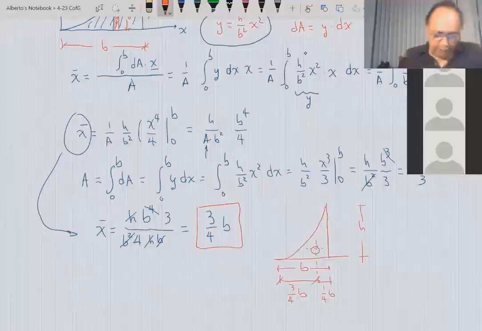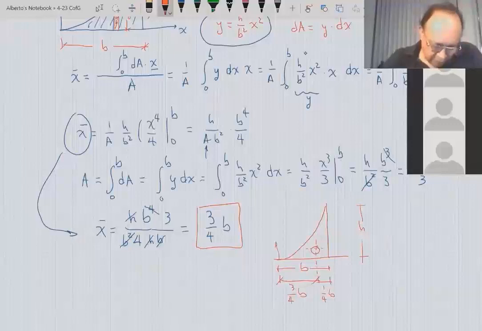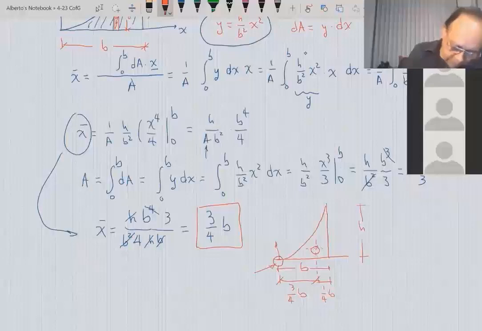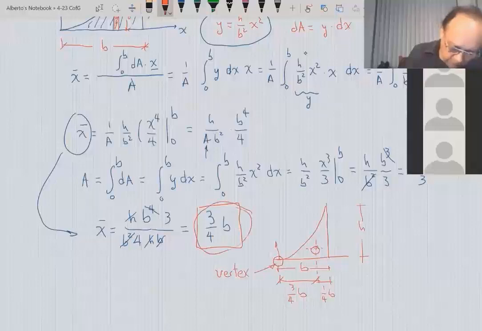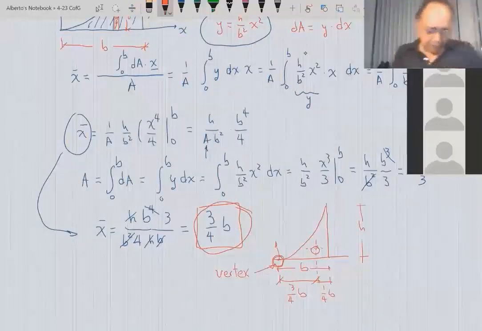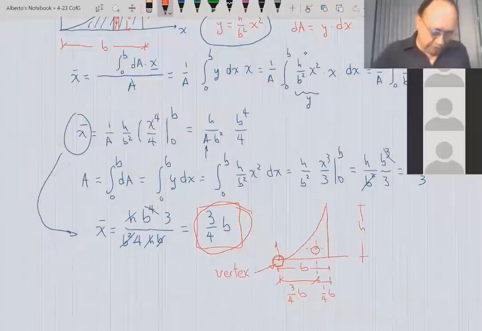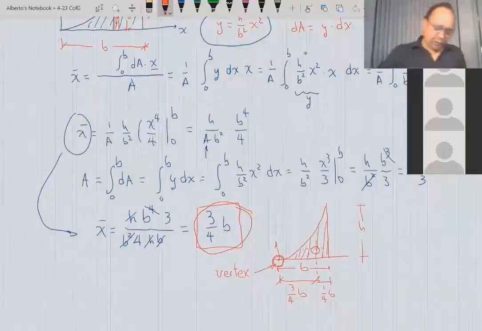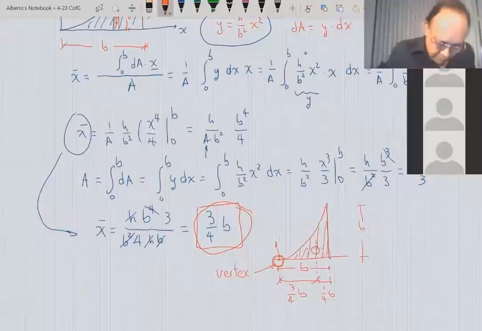So we can find at least the horizontal location of a parabolic spandrel where this point is the vertex of the parabola. So this equation of the centroid only works if you have the vertex of this parabola included as the corner of your spandrel. The spandrel is this area here. It's kind of like that area between the parabola and a vertical line here and the horizontal line here.